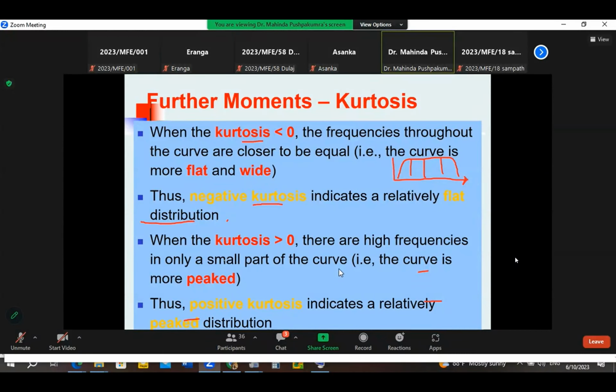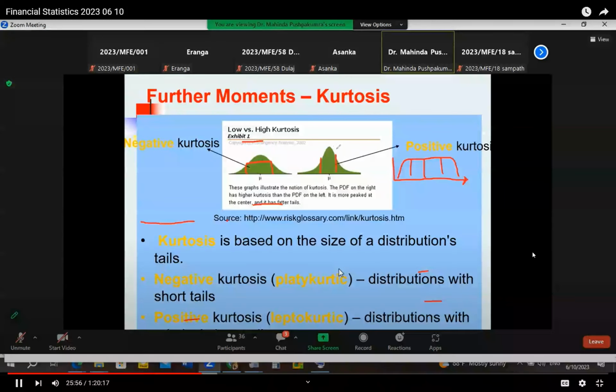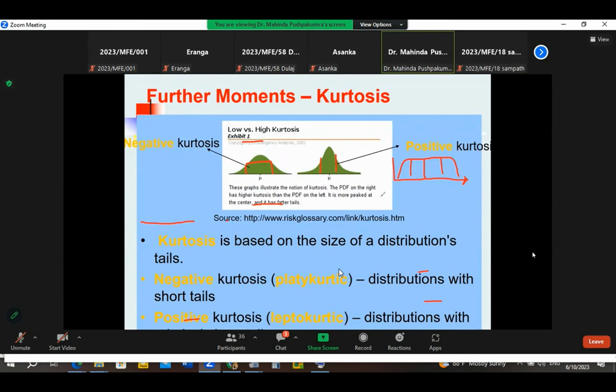Then positive kurtosis indicates there are high frequencies in only a small part of the curve. You can see here negative kurtosis and positive kurtosis. High frequencies in a small part of the distribution, while for negative kurtosis most of the observations are scattered and equally distributed.